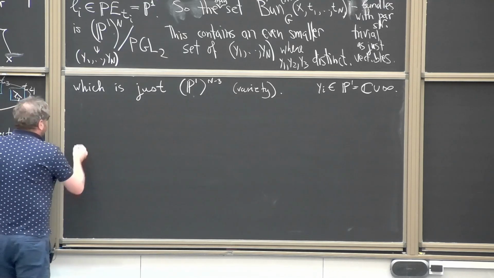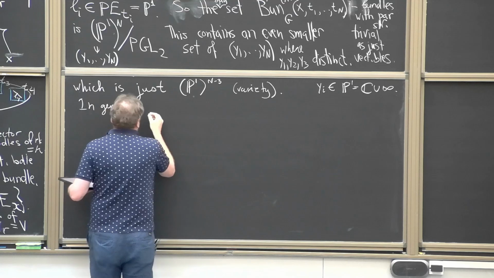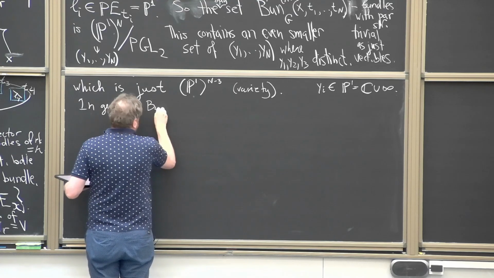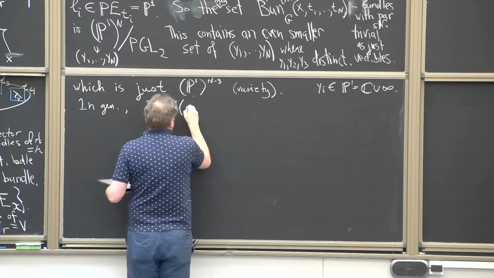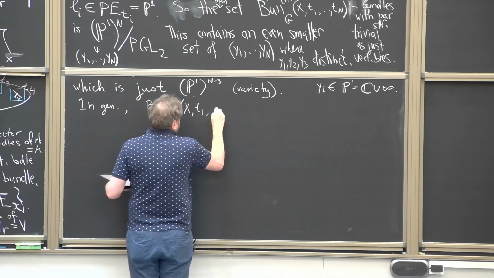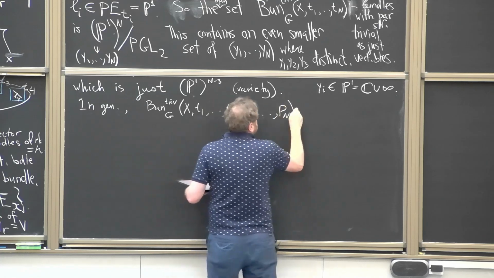So in general, Bun G with trivial as an abstract bundle of X, T1, Tn, P1, Pn is just the following space.